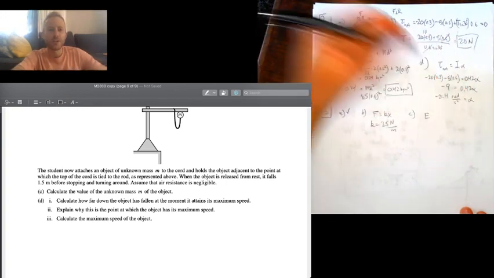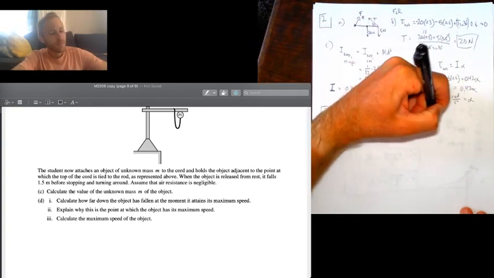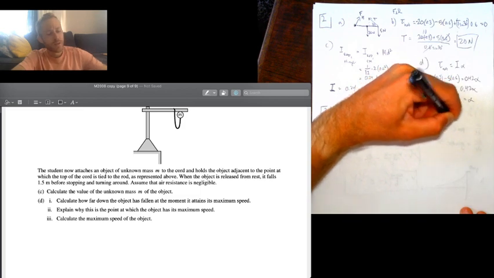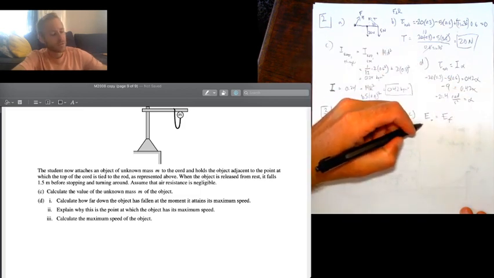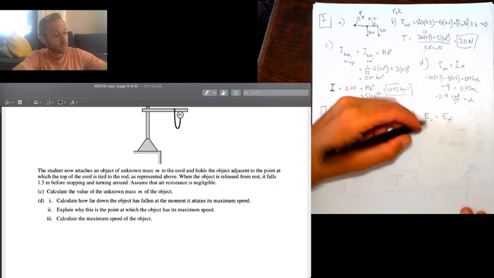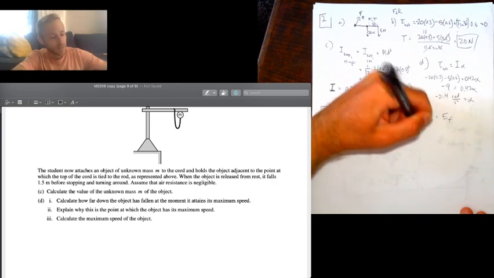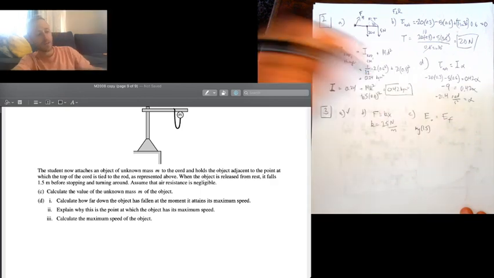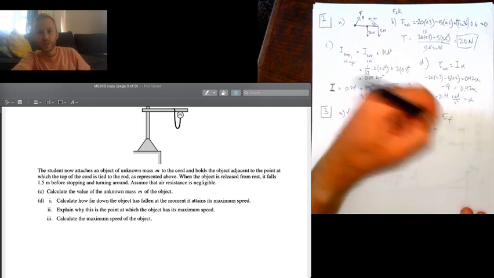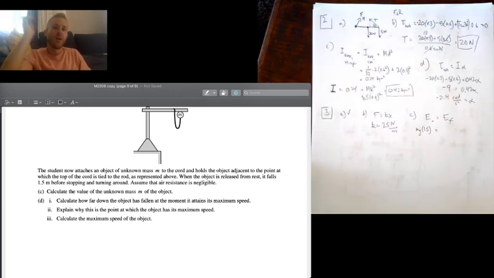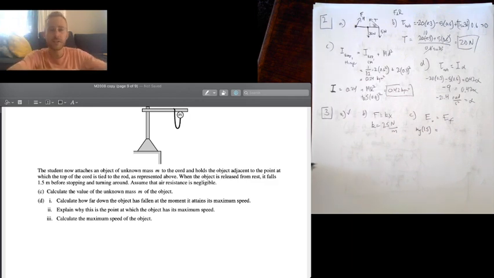So the initial energy equals the final energy. The initial energy is gravitational potential energy of the mass, so we have mg times 1.5. The final energy is all elastic potential energy, so we have a conversion from gravitational potential energy to elastic.